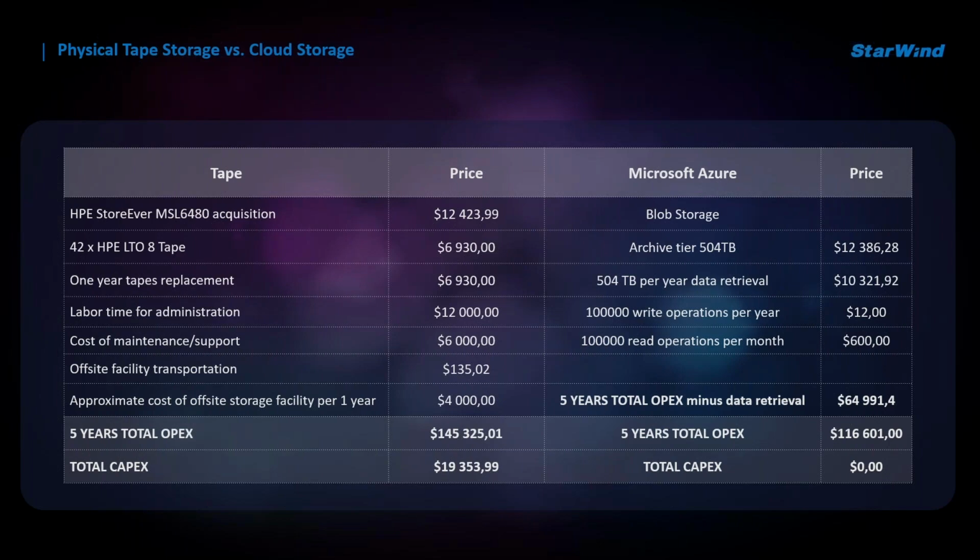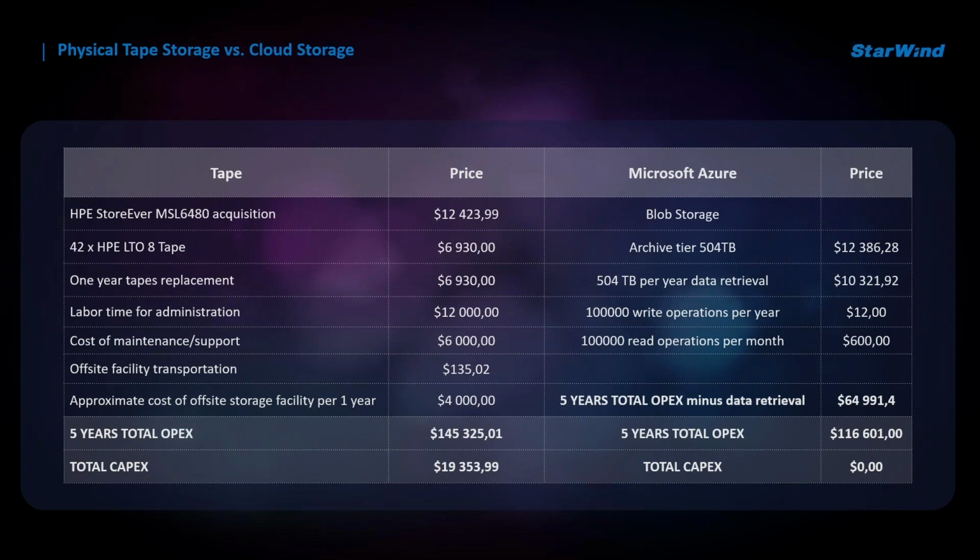On the right side, we have Microsoft Azure, and the archive tier for 5 years will cost around $65,000 in case we are going to rewrite the data each year.